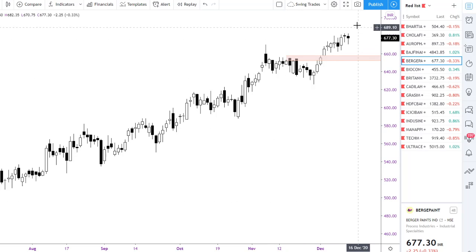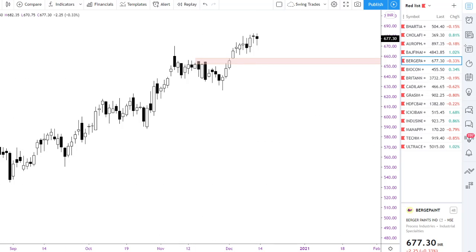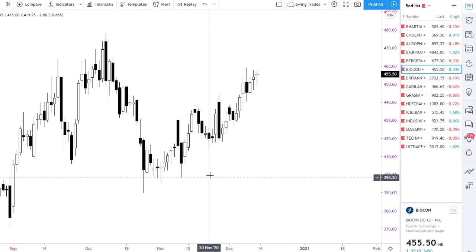So expecting it to do something like this. Come down to this level, give us a nice buying opportunity, and expecting a trend continuation from that zone. Okay, next one is Biocon.